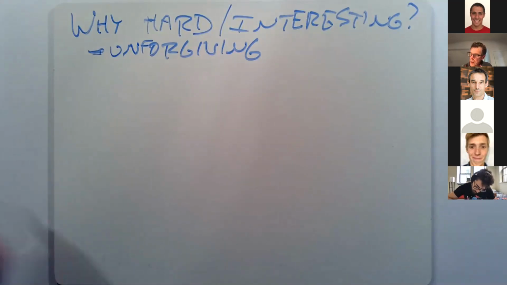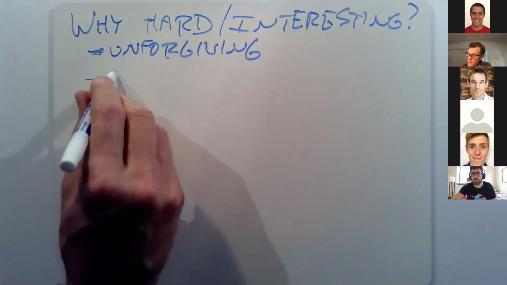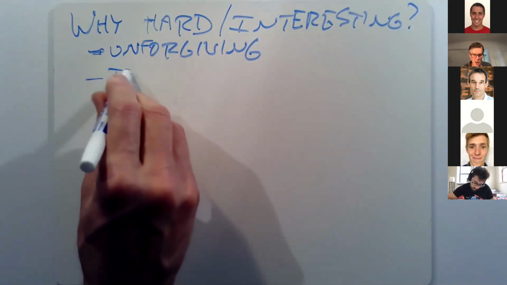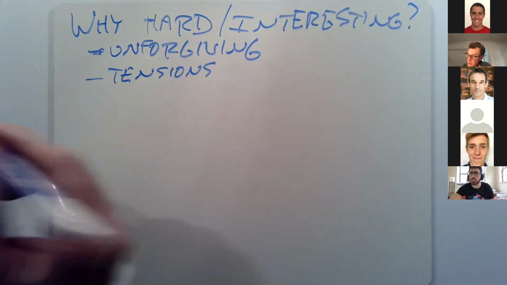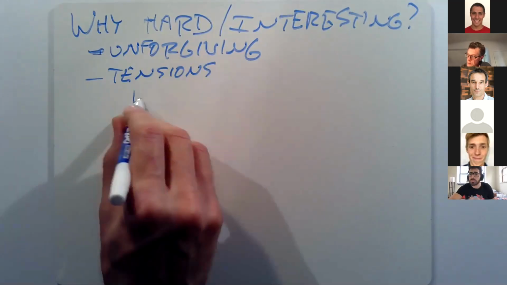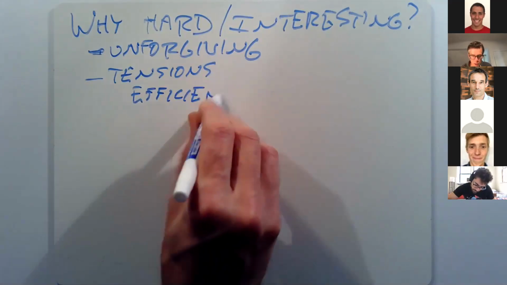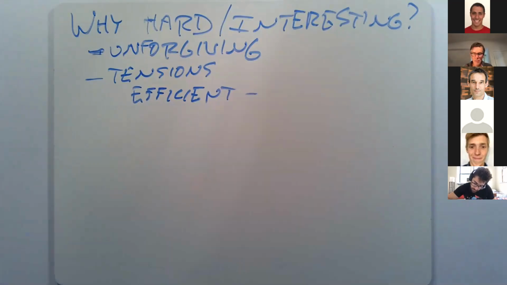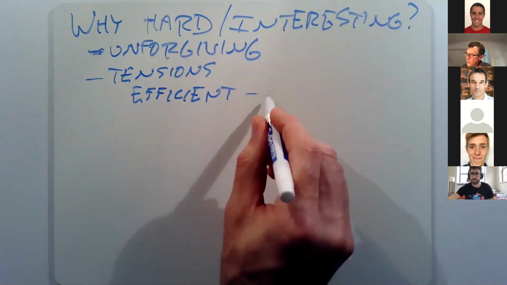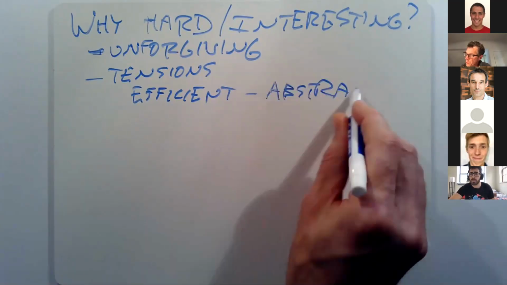Another reason why it's hard and interesting is that if you're designing an operating system, you have to satisfy a bunch of tensions that require real design thought. One is that you'd like your operating system to be efficient, which often means that it operates at a low level close to the hardware. But for ease of use, and because real people have to write programs that use your operating system, we'd like it also to provide abstract, high-level, portable interfaces.